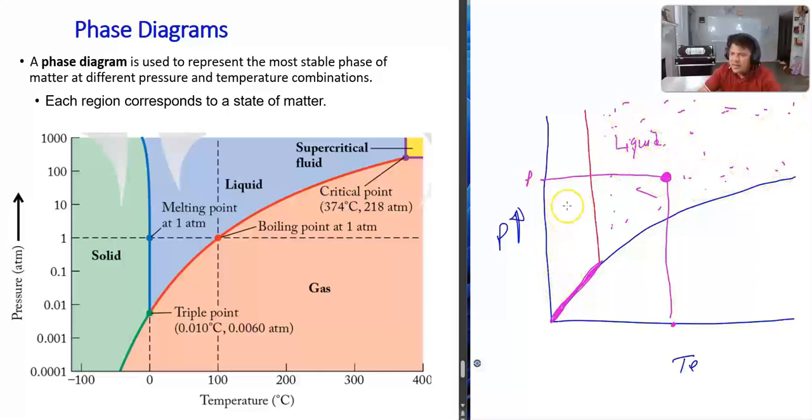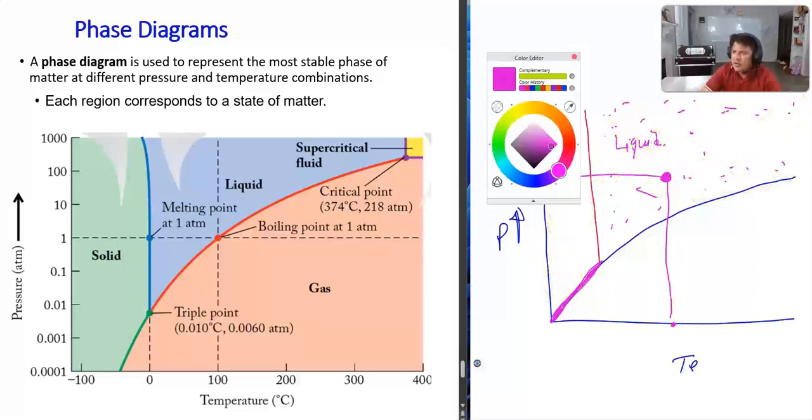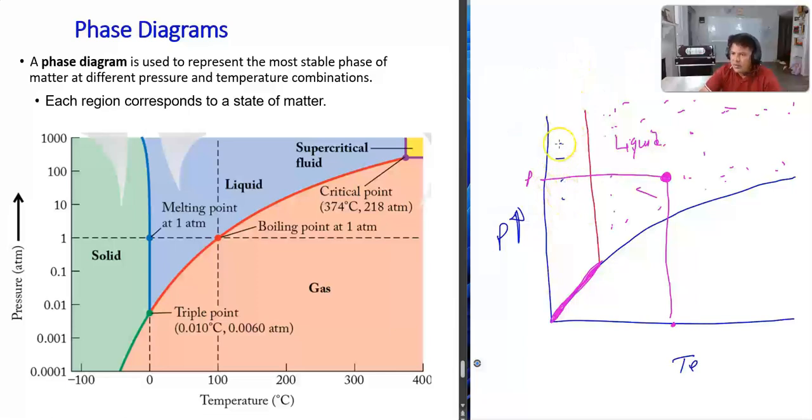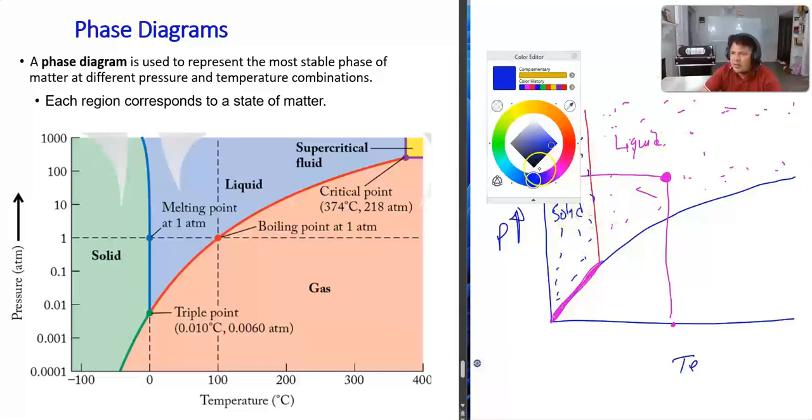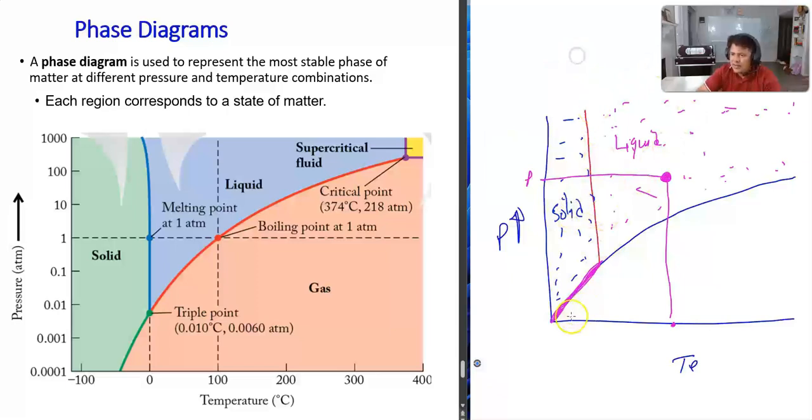Let me give a different color for this region. This blue dotted region is a solid. Now let me use black, and this whole black region, you see, this is the gas.